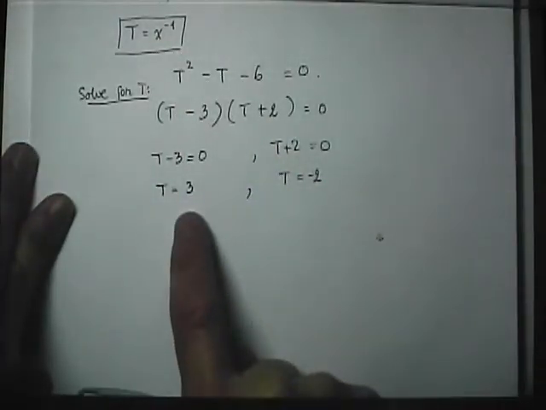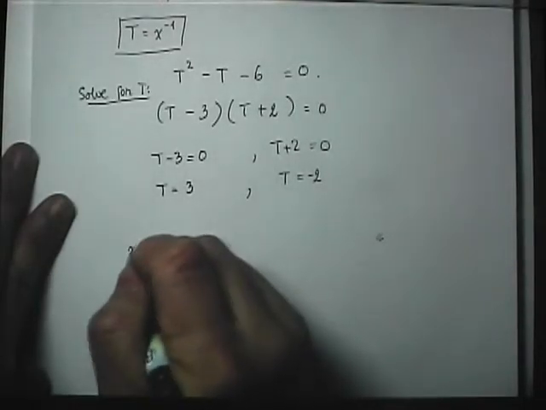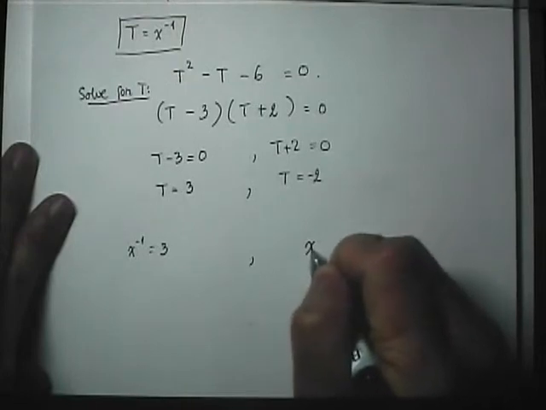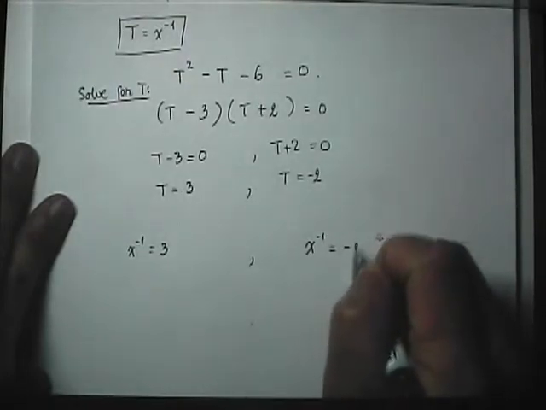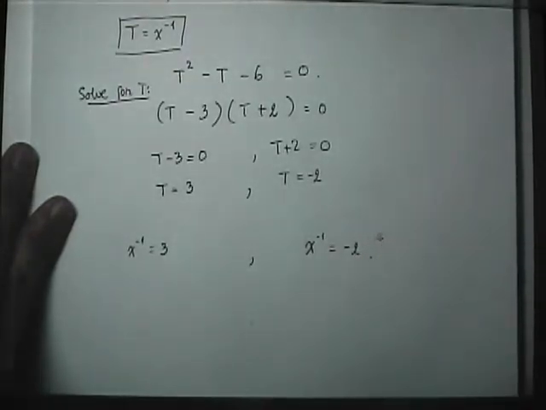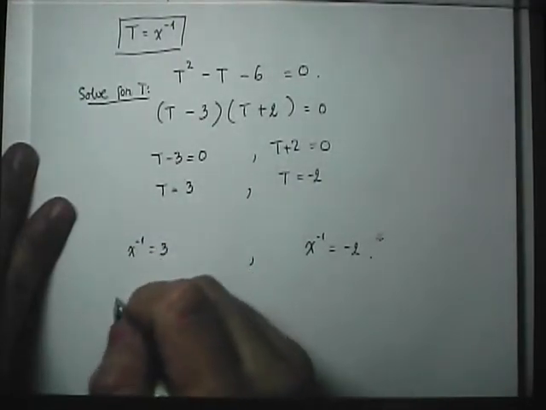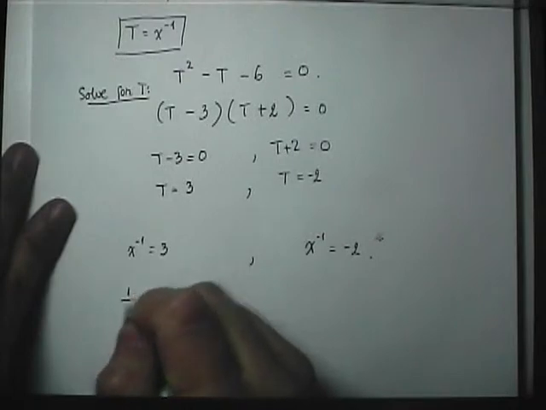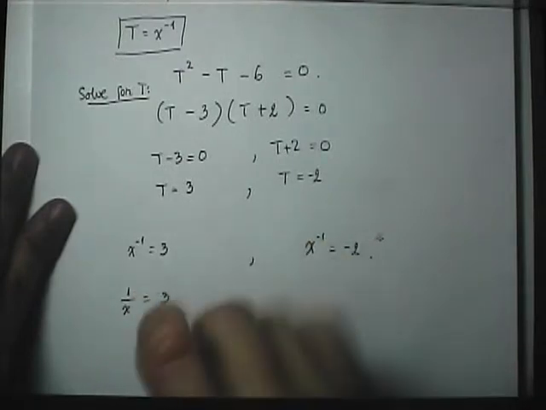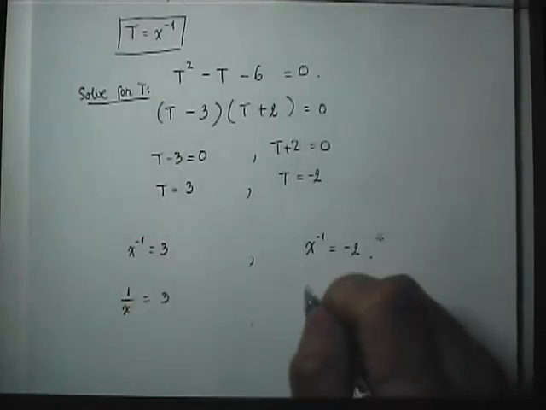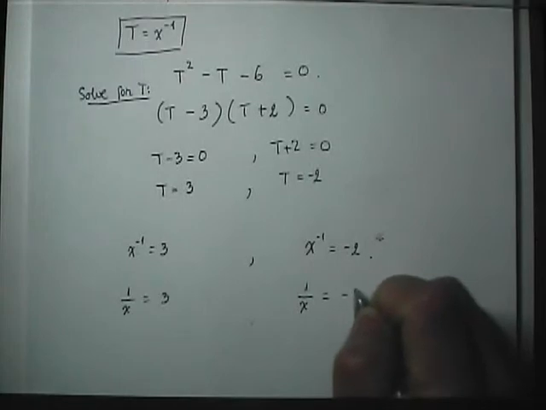I can set x to the negative 1 equals 3, and at the same time, I can also set x to the negative 1 equals negative 2. But what does x to the negative 1 mean? Keep in mind, x to the negative 1 is the same as 1 over x. So here we have 1 over x equals 3, and 1 over x equals negative 2.